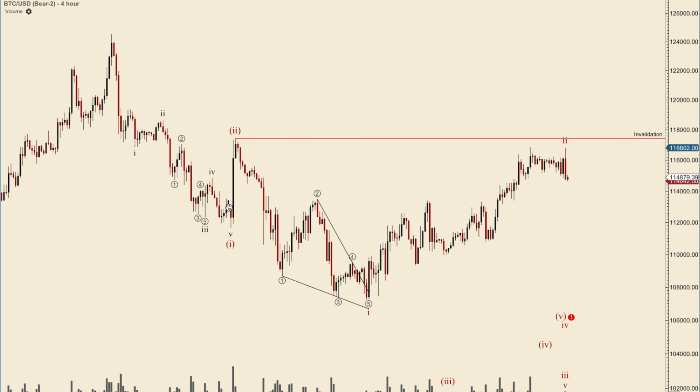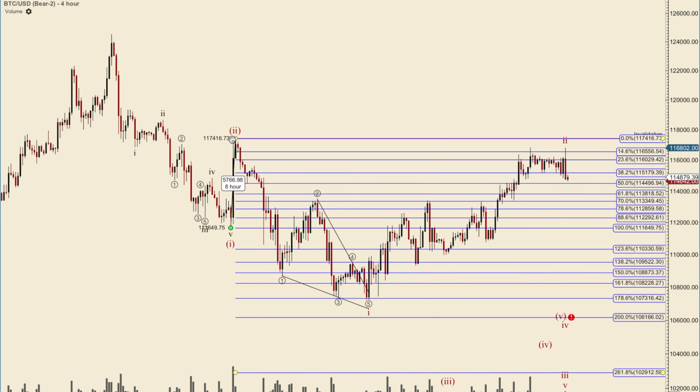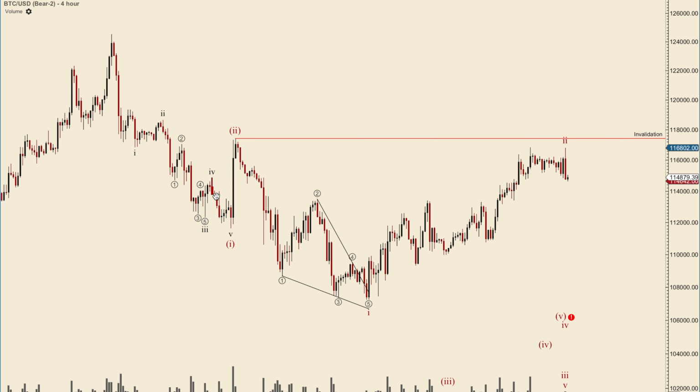And then if you have a 1, like an A, B, C, that's the way you gotta count it. And if you count it like that, you are hitting also 161.8 and 178.6, which is a very, very, very low probability target for wave B. So if you have a wave 1 here, you gotta count it like A, B, C, and you hit all these targets for a wave B. Yeah, it's not looking good for the bears, basically.